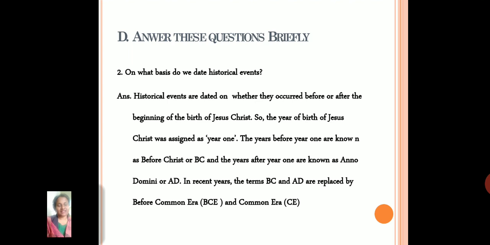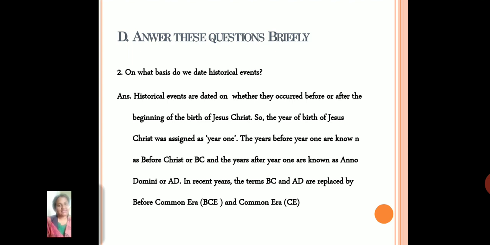The years before year 1 are known as before Christ or BC, both B and C capital.